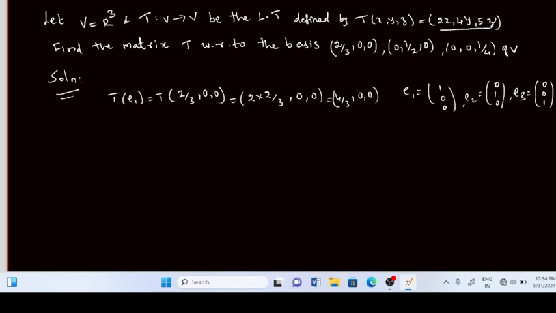And T(E2): E2 is the basis vector (0, 1/2, 0). We get 2 times 0 is 0, 4 times 1/2 is 2, and z is 0. We get the answer (0, 2, 0).